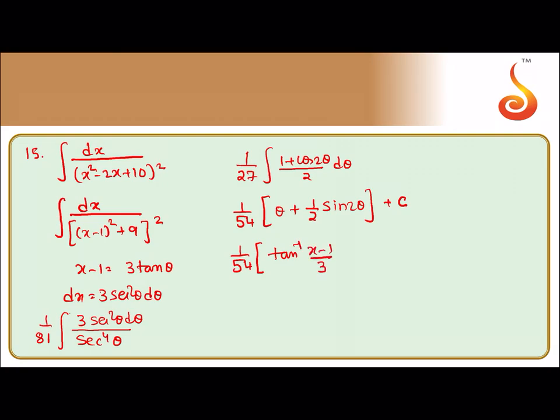Theta is nothing but tan inverse of x minus 1 by 3, plus 2 sine theta cos theta, 2 will cancel, sine theta cos theta, if you write it, it becomes 3 into x minus 1 by x minus 1 whole square plus 9, plus c. So in competitive exams, they ask these type of questions which can be done within a minute with simple rearrangement using the trigonometric substitutions.